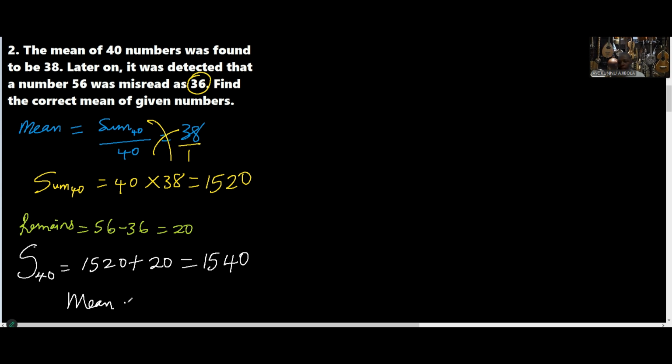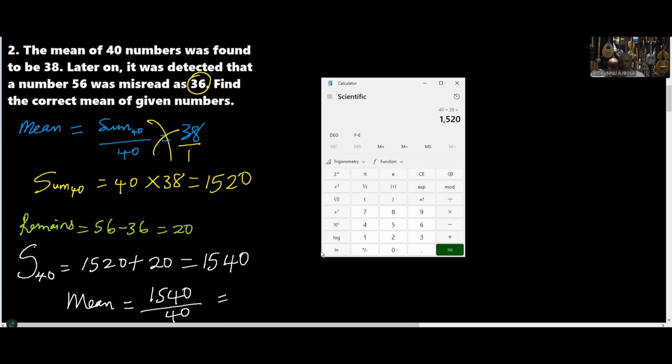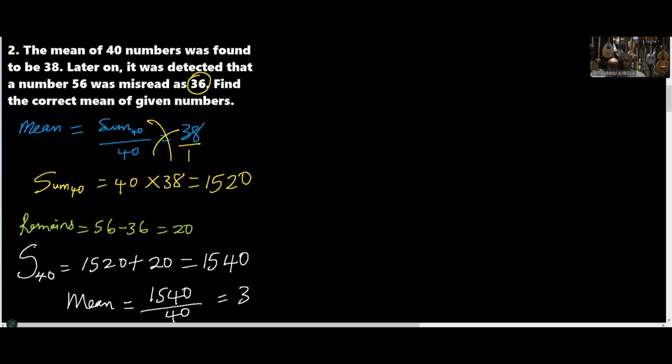The correct mean is going to be 1540 divided by 40. Let's use a calculator: plus 20 gives me 1540, then divided by 40 because there are 40 numbers. So this gives me 38.5. Is it clear to you now?